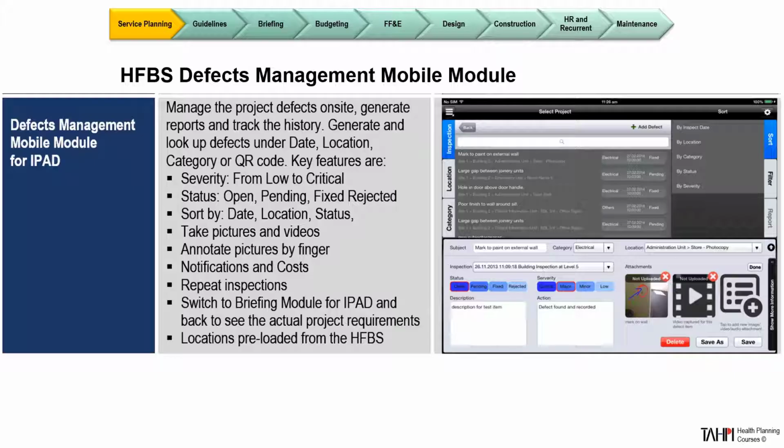As you've noticed, these modules are also in the chronological order of delivering health planning from A to Z.